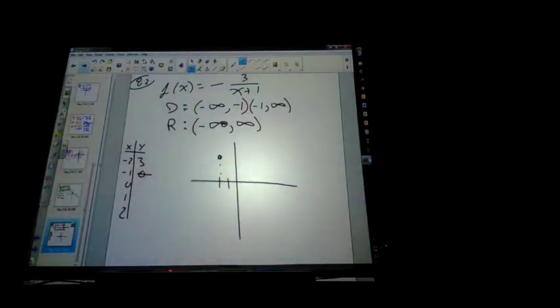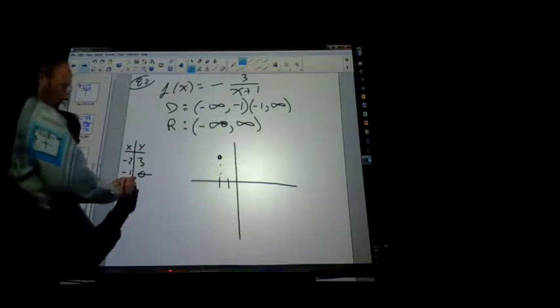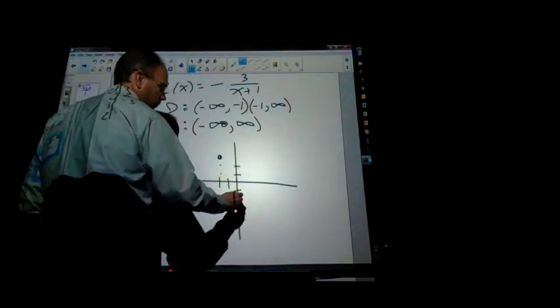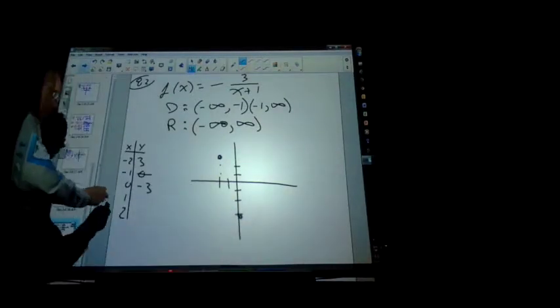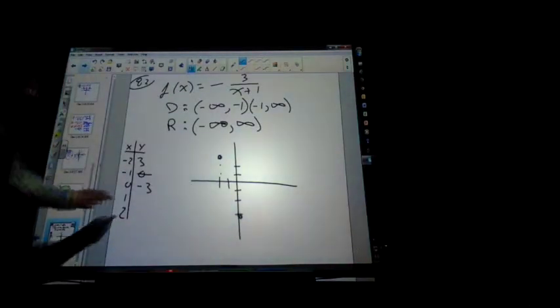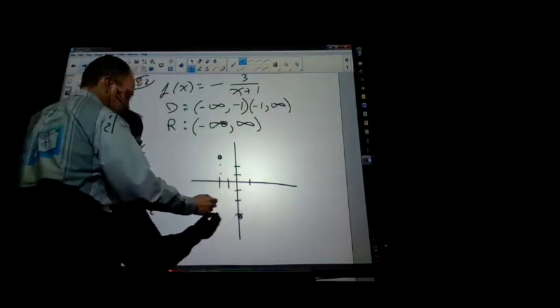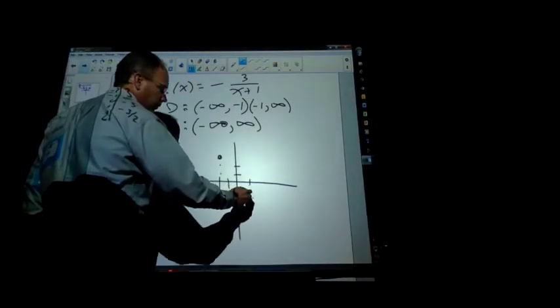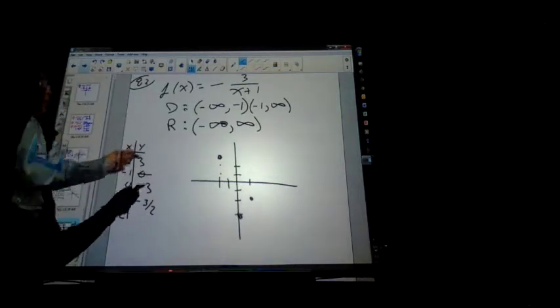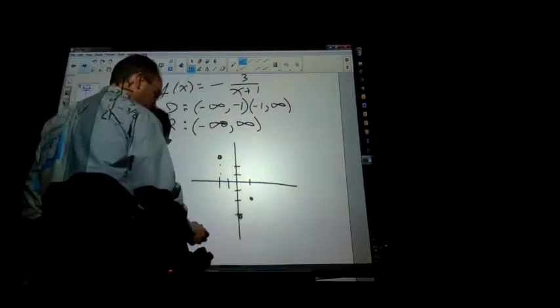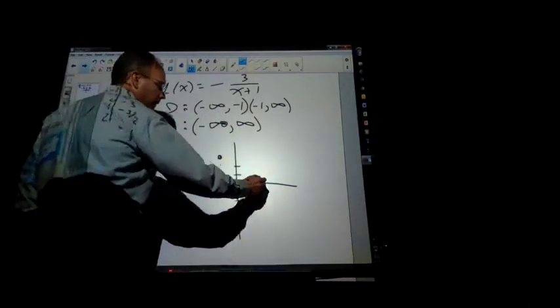Plug 0 in. I'm going to get -3 out. If I plug 1 in, I'm going to get -3/2, which is -1.5. So 1, -1.5. And then if I plug 2 in, I'm going to get 2 plus 1, which is 3. -3 over 3 is -1. So 2, -1.